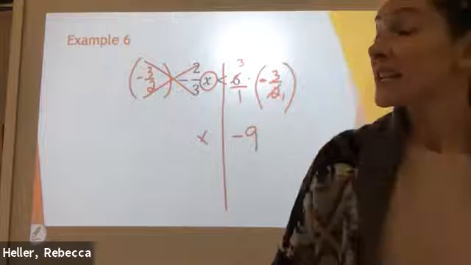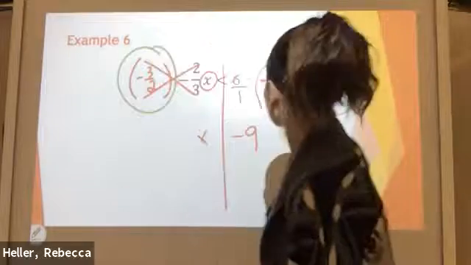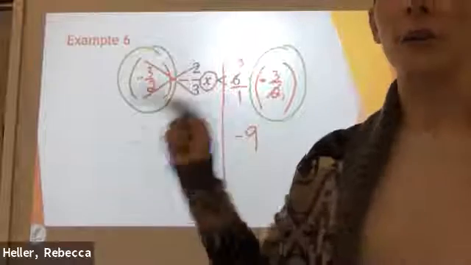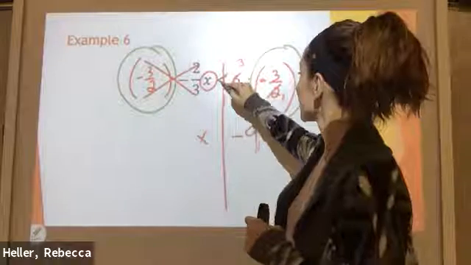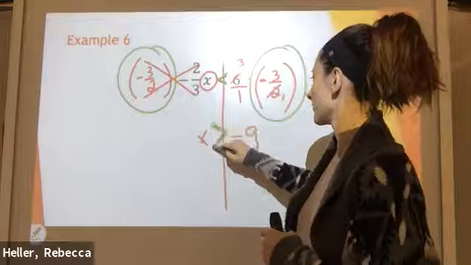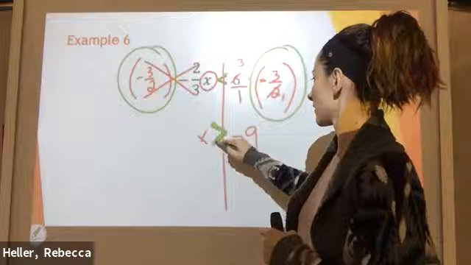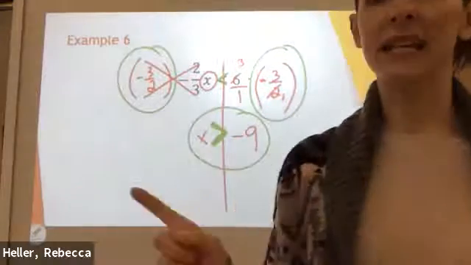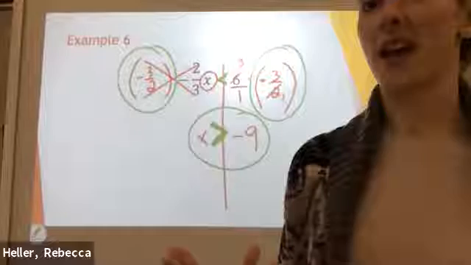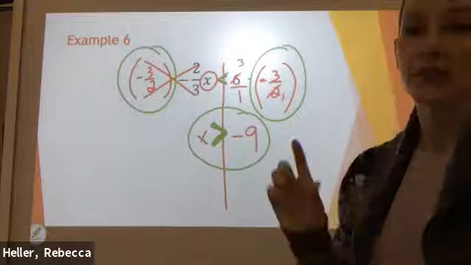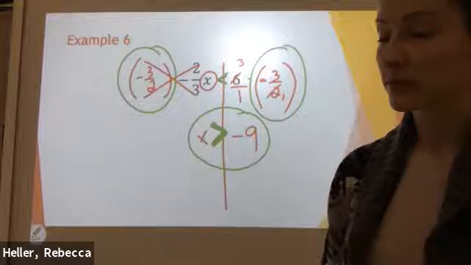Okay, now look, since this number is negative, the number that we multiplied by on both sides, this less than symbol has to flip and become a greater than symbol. Okay? Because multiplying on both sides by a negative changes both signs from positive to negative or negative to positive. So you have to flip the inequality sign also.